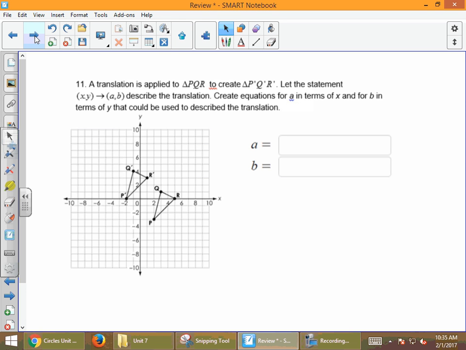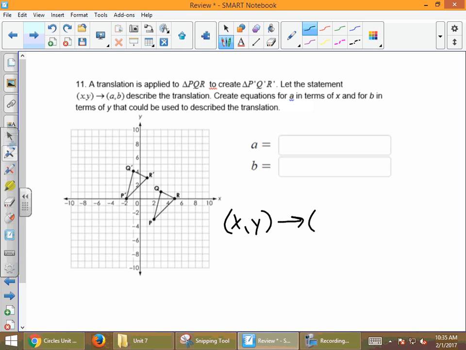Really wordy. Really, all that they're asking you is write a rule for this translation. They're just asking a really different way. So let's write a rule for this translation on our own and then see how we can put it into this answer. They're talking about equations, so we're going to write our translation rule using equations.